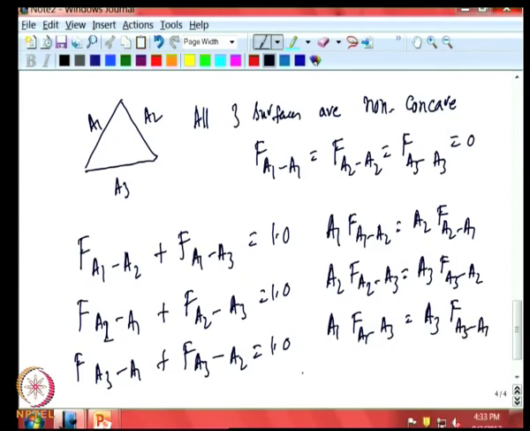So, now we have 6 equations in 6 unknowns, and hence you can solve this problem completely without doing any integration. You require no integration, which is quite complicated.